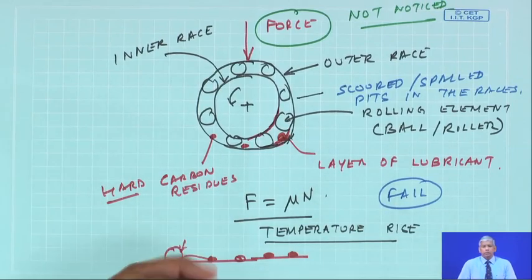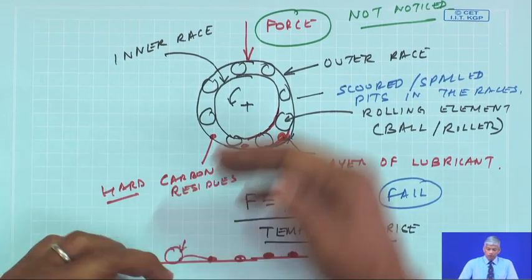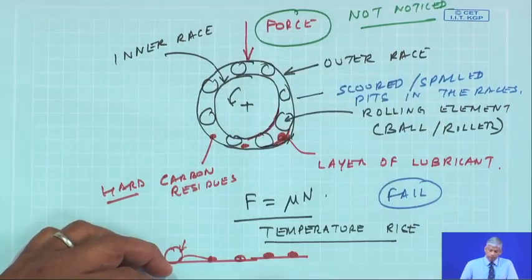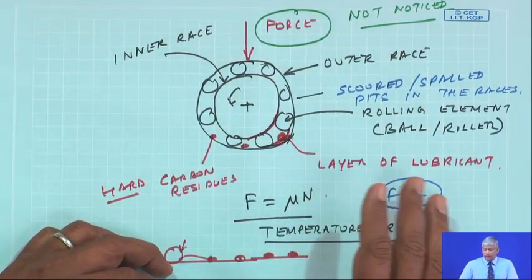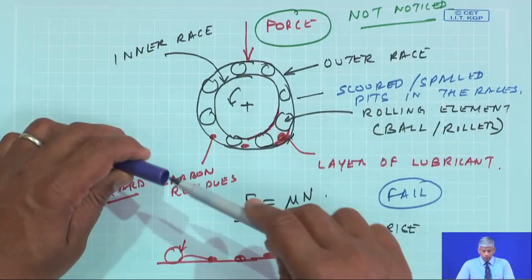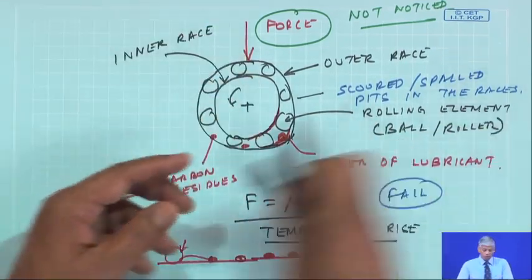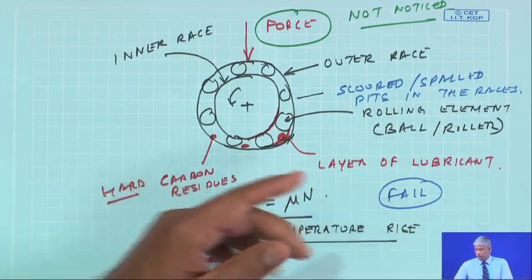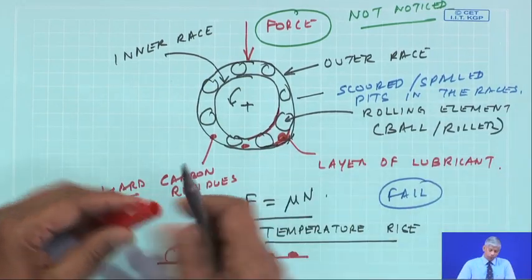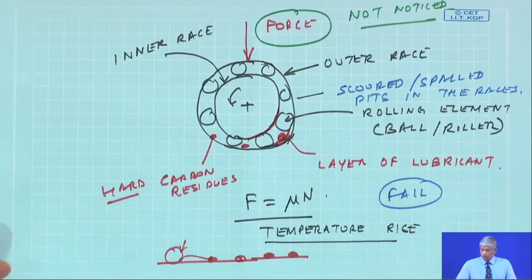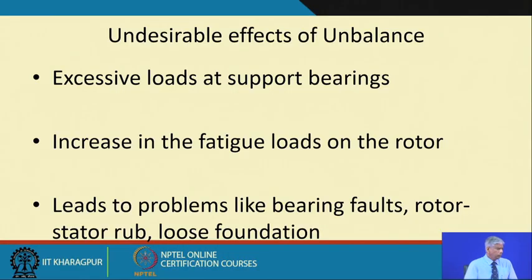I get calls, people say we have a bearing failure. When I look at the past data, I see the bearing failed because of an unbalanced force, because nobody took this into account. So, these are some of the scenarios one has to be very careful when we attack problems in the real world.